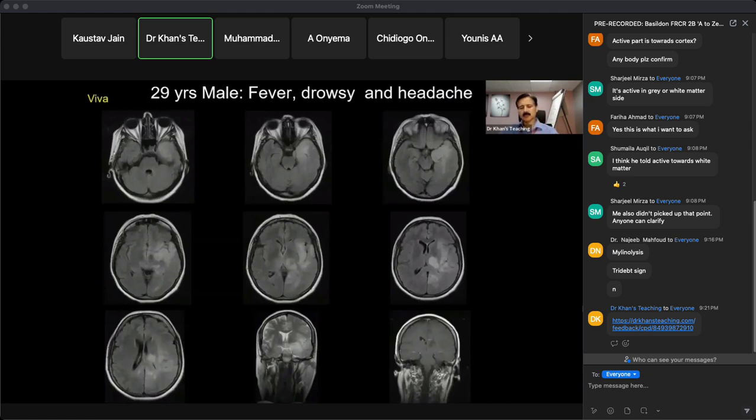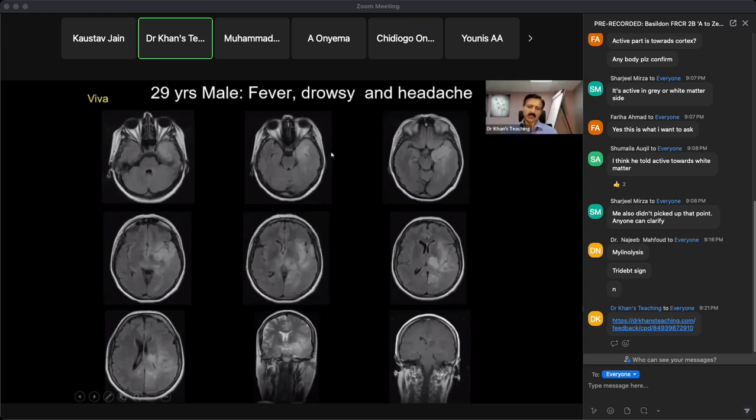Spot diagnosis. Hello. Yes, candidate 3. Can you hear me, candidate 3? Yes, I do. So this is a very easy case, but I just wanted to include it for completion. What is your diagnosis? Herpes encephalitis. Excellent.